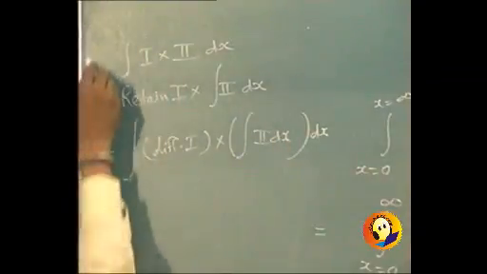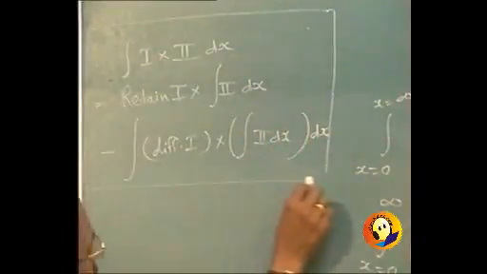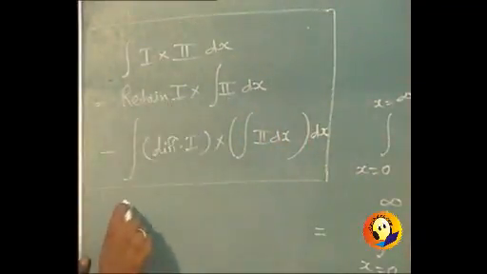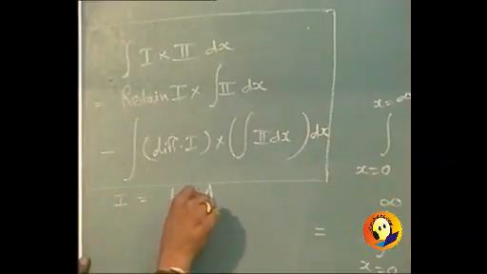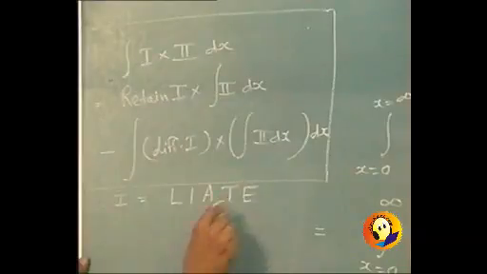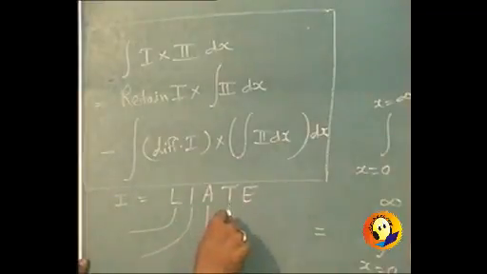This will be the formula for integration by parts. And of course, to choose function 1, we have a standard rule as LIATE, that is, choose the logarithmic, if not inverse, otherwise arithmetic, then trigonometric, and then exponential.